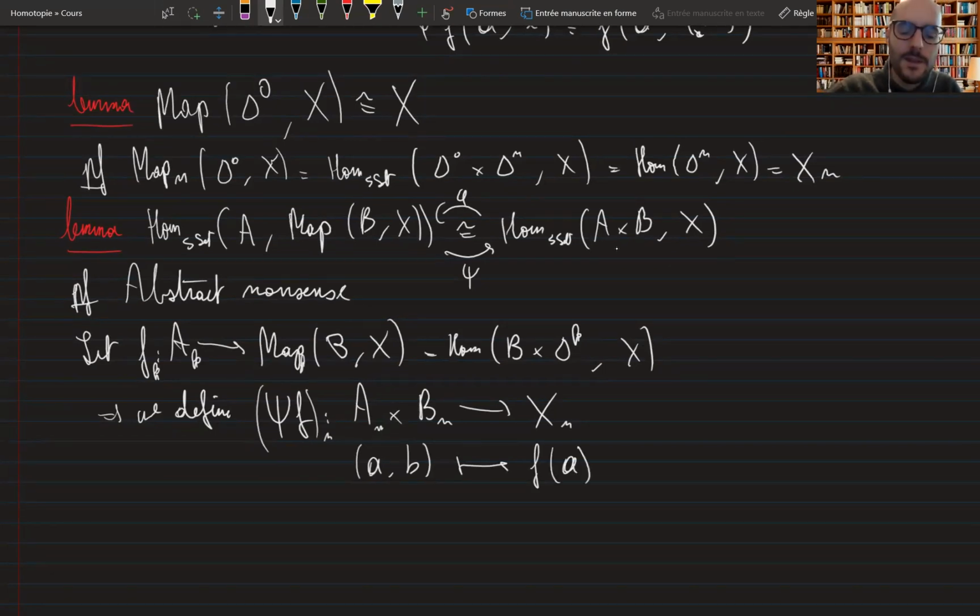You take f of a. So f of a is something which goes from B cross delta K into X, right? And so you can apply it to b, the identity of K.